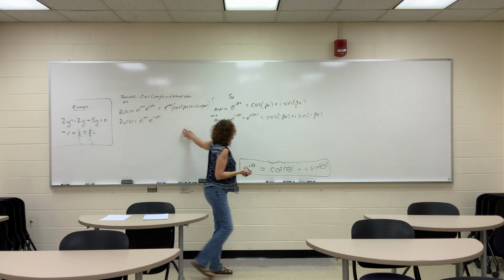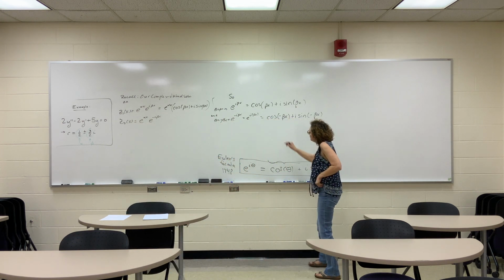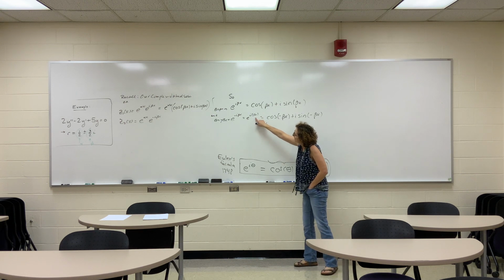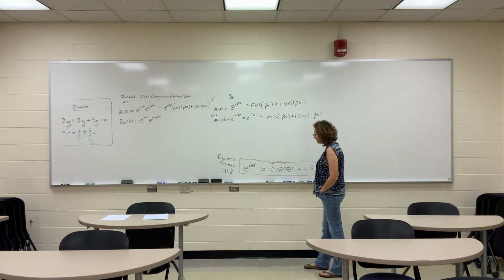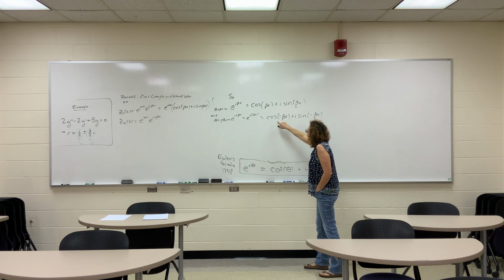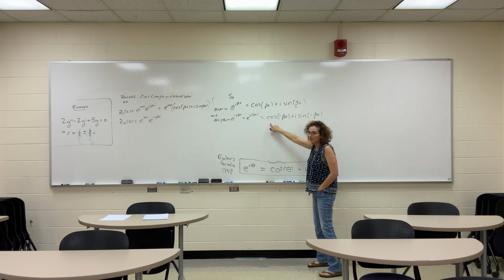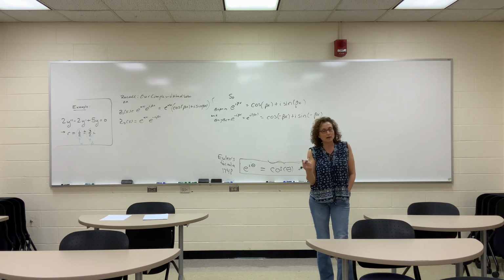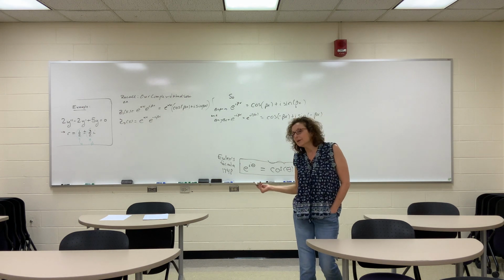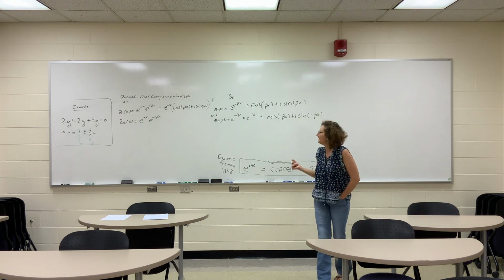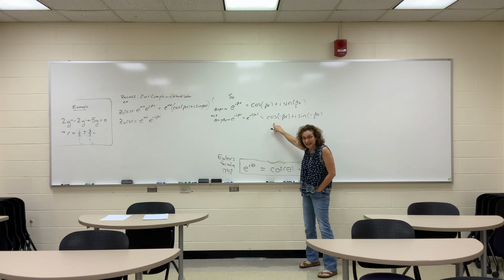Now, before we dive in and plug that in, what do you remember about this? If we evaluate negative beta x, then what do you remember about cosine? Remember how the power series only had even powers? Cosine is an even function.